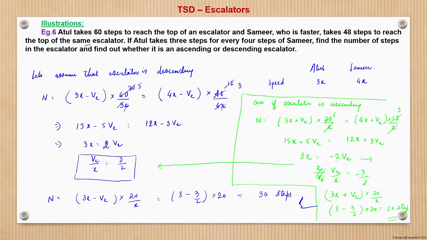However, since we get a negative relation, meaning the two are moving in opposite directions, this will also help us answer whether it's ascending or descending. Since both are in opposite directions and Atun and Samir both are going up, to honor this negative sign, the escalator will have to come down. So any method we can take and we can reach the answer.